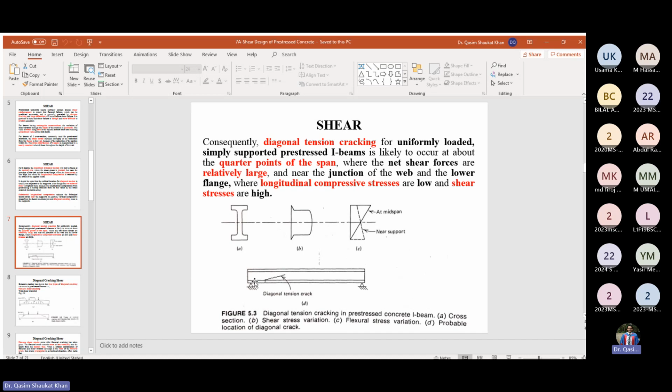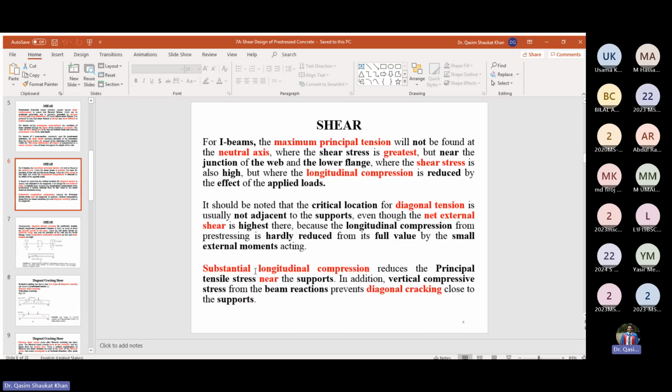On top of that, you have this vertical compressive stress that is produced due to the vertical reaction. So substantial longitudinal compression reduces the principal tensile stress near the supports. In addition, vertical compressive stress from the beam reactions prevents diagonal cracking close to the supports.